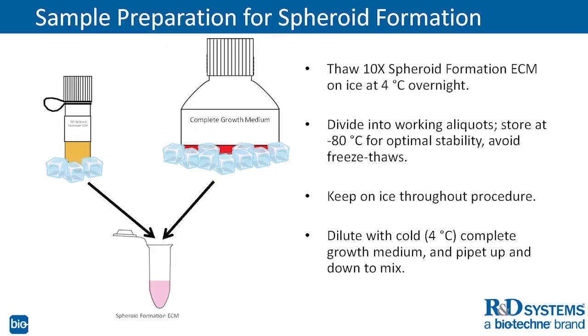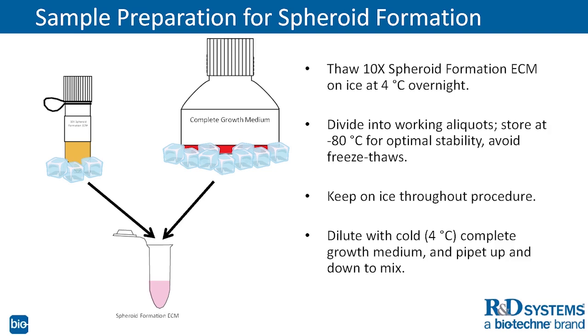Okay, so now we can talk about how we actually mix things together. We start off thawing our 10x spheroid formation ECM on ice at 4 degrees Celsius overnight. So we want to pack it on ice and in the refrigerator. These extracellular matrix proteins will polymerize at temperatures between 15 and 20 degrees Celsius.